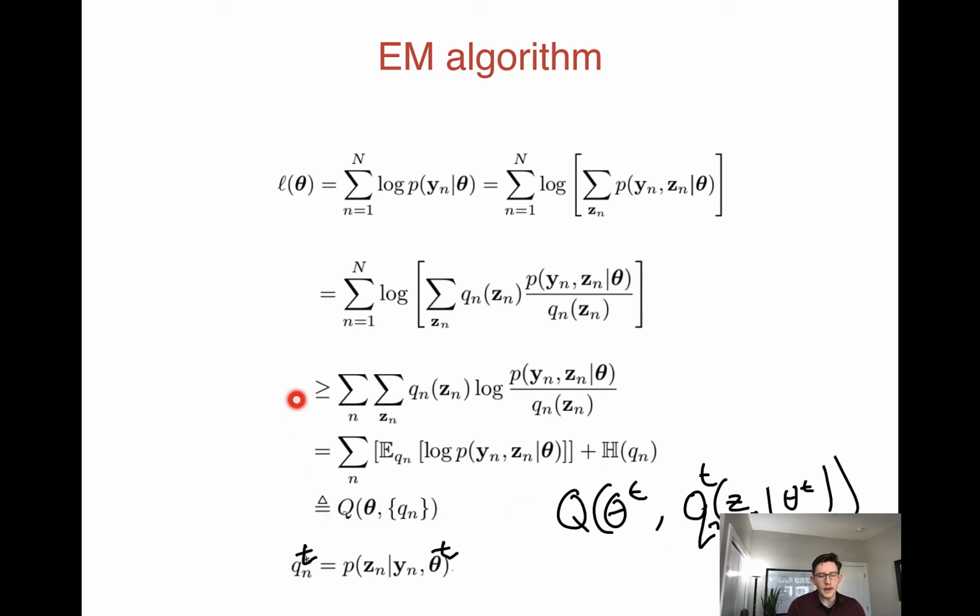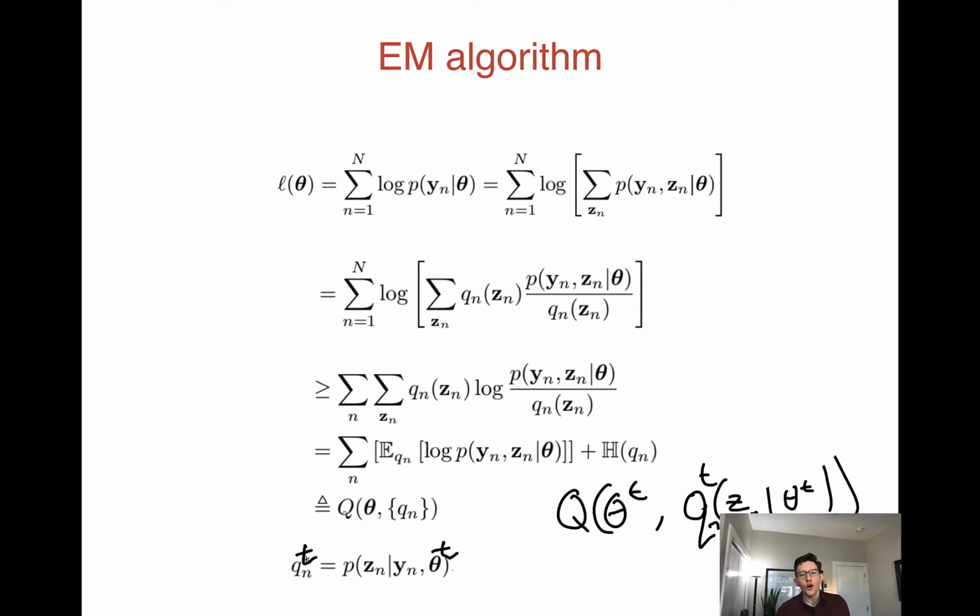So that is, this inequality here is tight. That is, it's exactly equal and not greater than or equal to. So again, that's not obvious. You have to prove that. And that occurs when we define our Q of n this way.